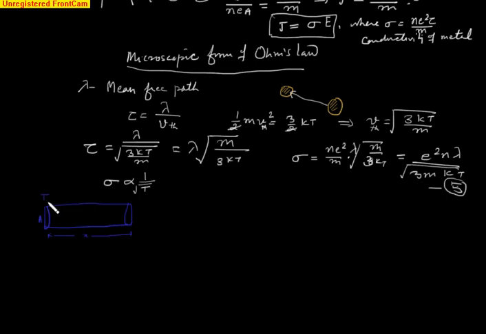Let us assume that one end is maintained at temperature T1 and the other end is maintained at temperature T2, such that these two ends have fixed temperatures. Therefore the temperature will change from one end to the other end, and if it is x distance away, then we can say there is a temperature gradient along the length of the metal conductor.